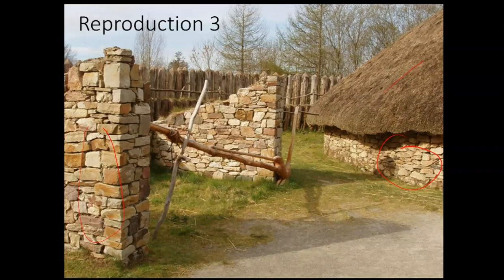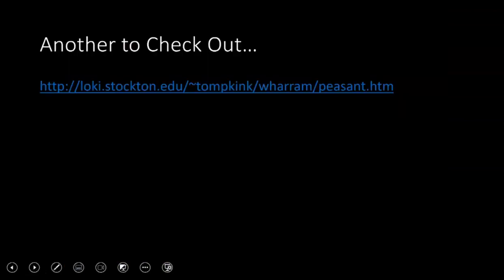And a little difficult to tell, but maybe even filling in the gaps a bit to make sure it's a little bit warmer inside. So that would be the third reproduction. You can see a large wooden wall there. So it's a question about what that might be for. It might be there to keep out wildlife, like predators, wolves, things like that. So there was lumber available, but it was probably used for other things besides making the houses, at least at this point.